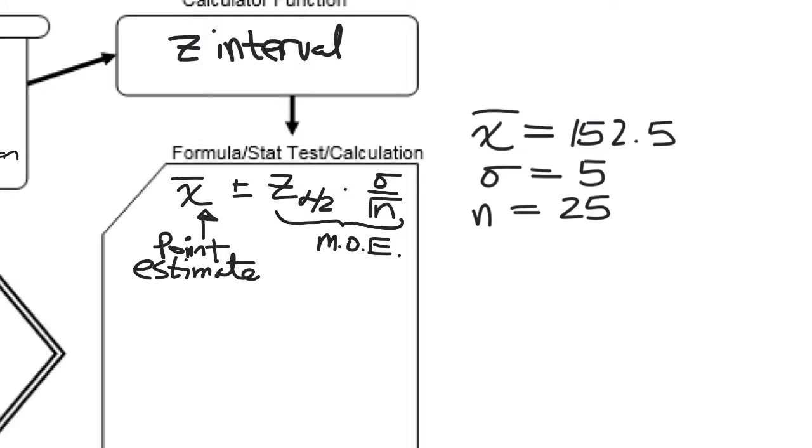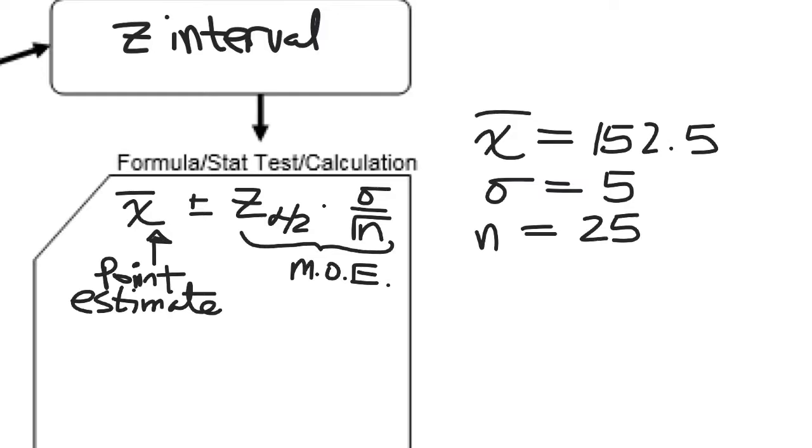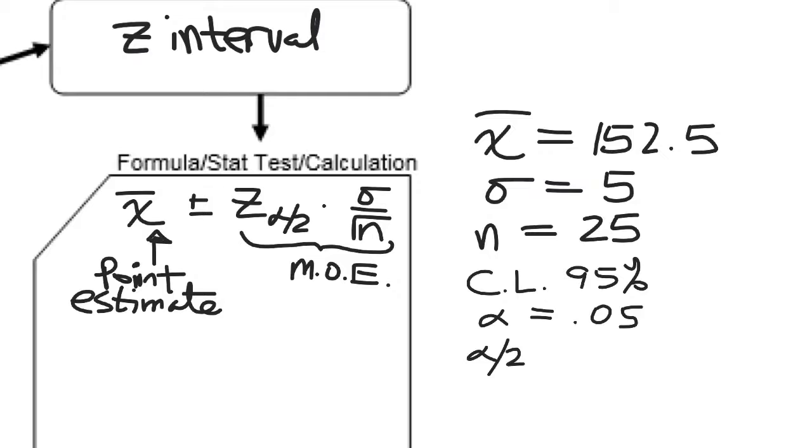All right, confidence level, I believe, was 95%. So that makes alpha 0.05, which makes alpha over 2 0.025. Now we need z sub alpha over 2.